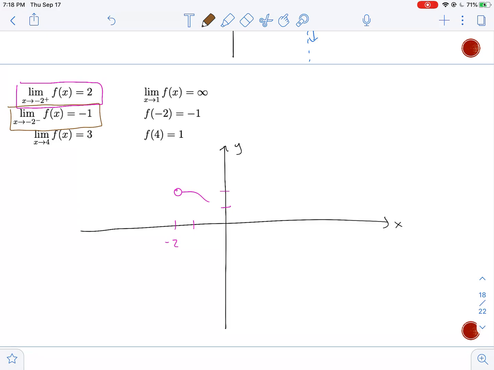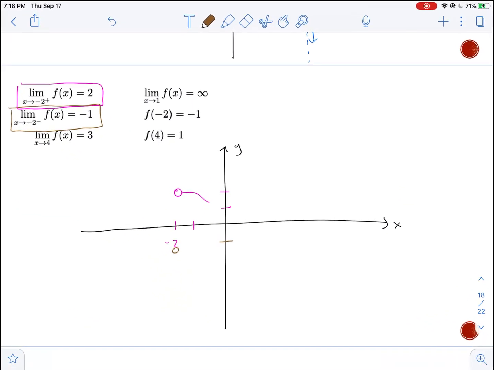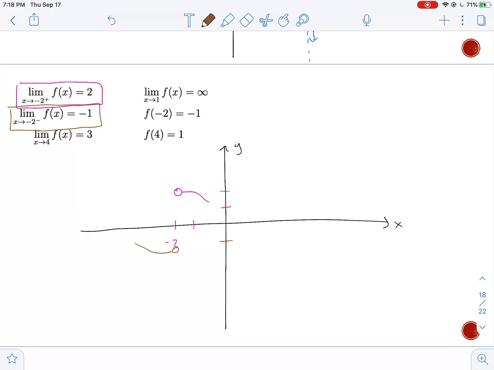I'm going to do negative 2 from the left, so the one right underneath it. It's saying as I'm approaching negative 2 from the left-hand side, that's at a height of negative 1. So here's a height of negative 1. I'm just going to do an open circle. And then this is coming from the left-hand side. I don't know what's happening, but I'm just going to draw a little curvy-looking line over there. And that would be the height as I'm approaching negative 2 from the left-hand side.